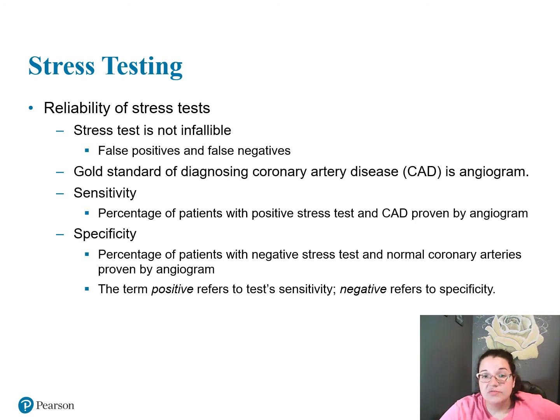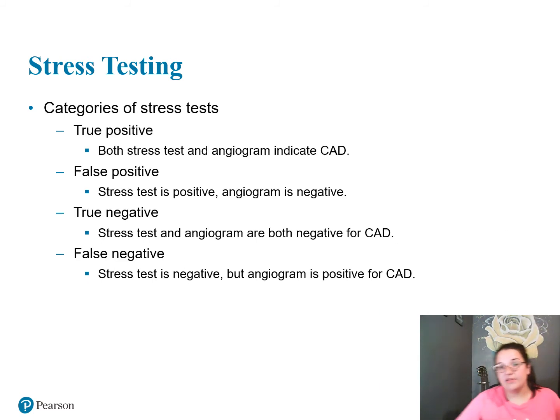The percentage of patients with a positive test proven by angiogram is positive, sensitive. But the percentage of patients with a negative stress test proven by angiogram is the negative, specific. So these positives and negatives can be very confusing, so you need to memorize this by heart as well. If you think about it, it's pretty simple, but if you don't, it can be confusing.